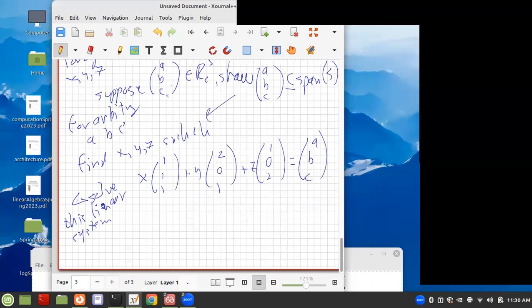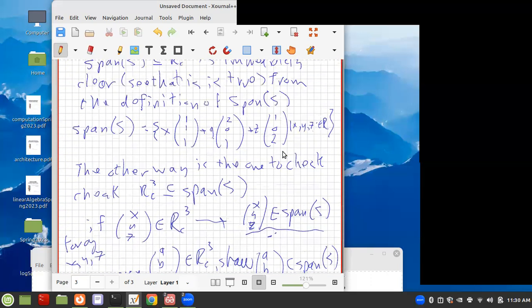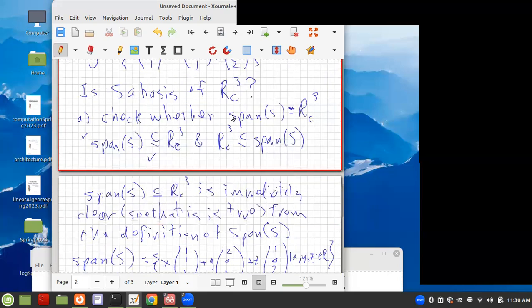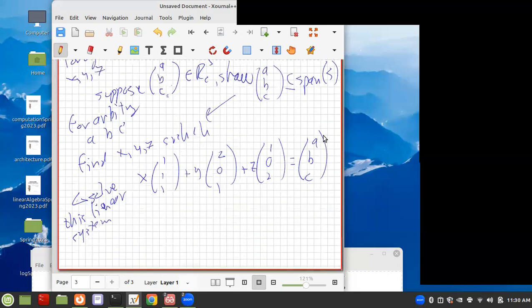So basically, if you started up here with the problem at the beginning, is this a basis? And you wanted to check that this set spanned the space, you would jump down here and say, choose a vector ABC of R3. We need to find XYZ so that this is true. But behind that is all this sort of logical technology that makes everything precise, right?